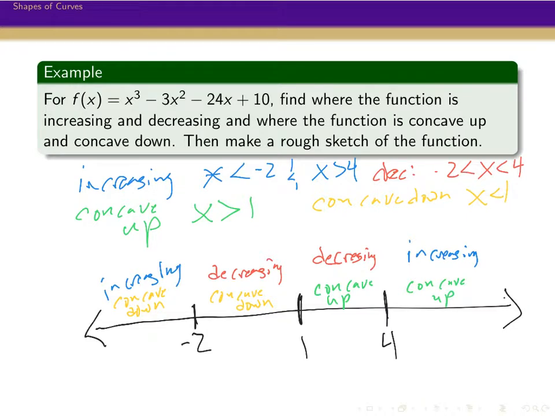Okay, so if we put these together, increasing concave down, that looks roughly like that. Decreasing concave down, that looks roughly like that. Decreasing concave up, that looks roughly like that.